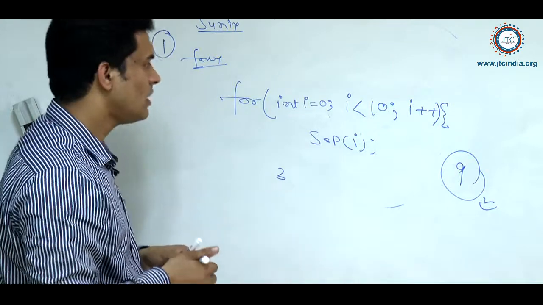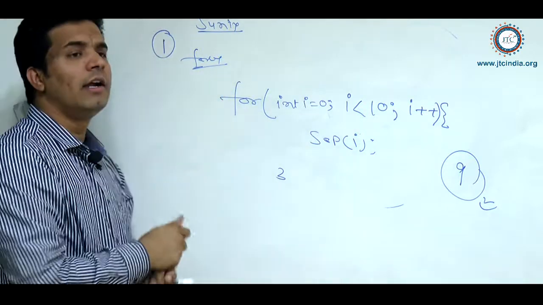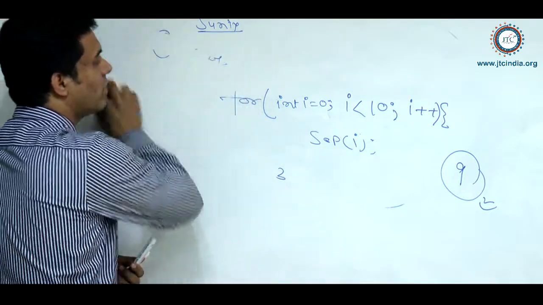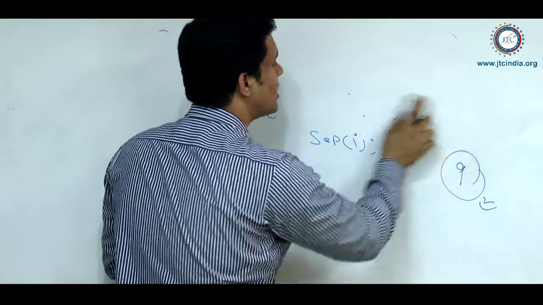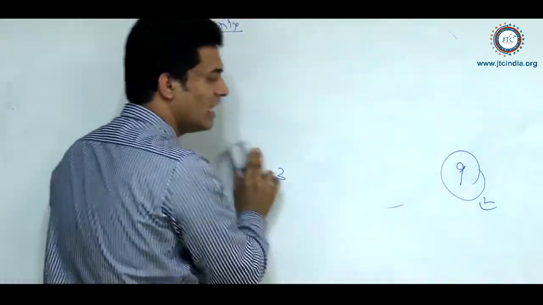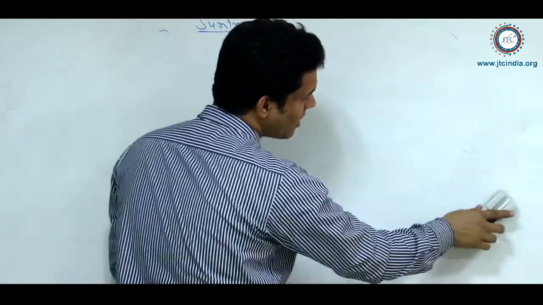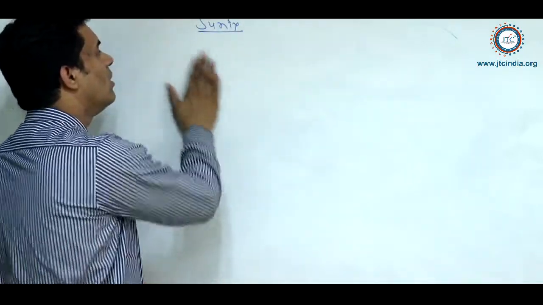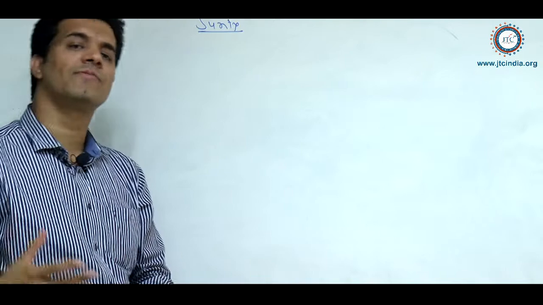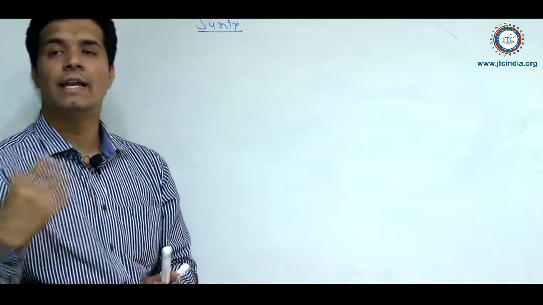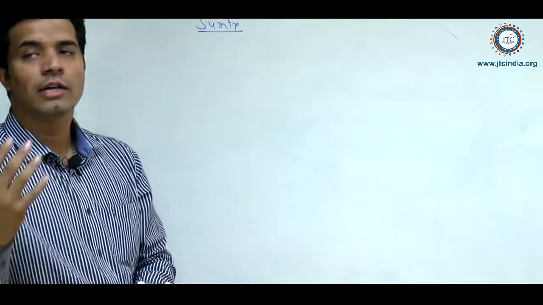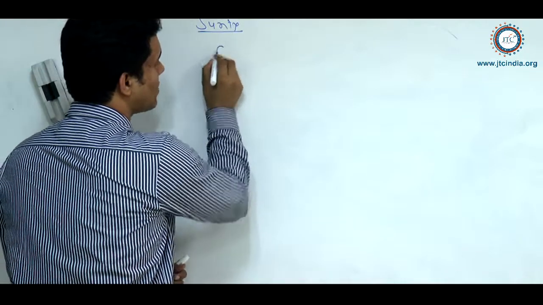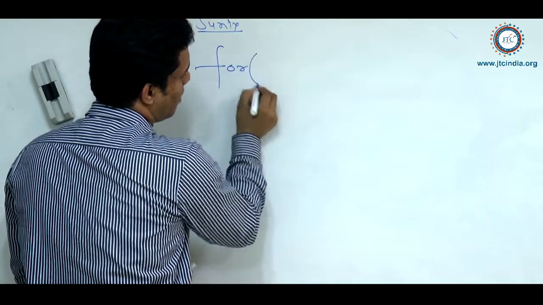So this is what we call a traditional for loop. The next thing we are going to discuss is the enhanced for loop. The enhanced for loop concept was introduced in JDK 1.5, mainly to traverse elements from arrays, or you can say from collections. Here is the syntax. First I am writing for.